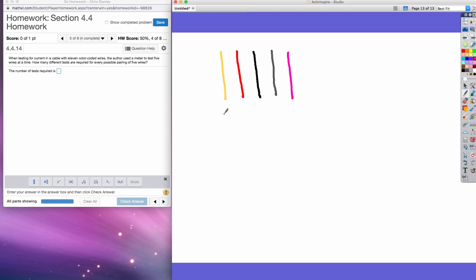Okay, how many tests are required for each possible pairing? So I'm going to go back to here, back to that color. So that would be like 1 pairing. Now the question is, if you change the order of these pairings, does it become a different test or is it the same test?